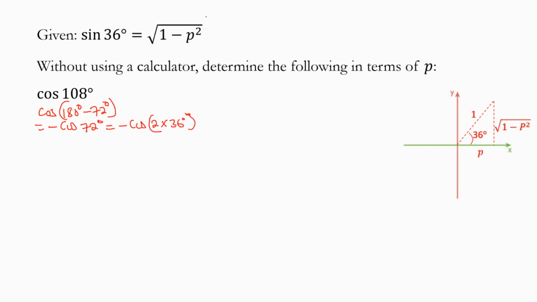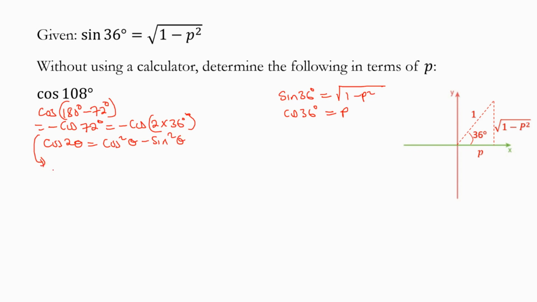From the information that we're given, sine 36 degrees is equal to the square root of 1 minus p squared, and cos 36 degrees is equal to p. We're using the identity which says cos 2 theta is equal to cos squared theta minus sine squared theta.